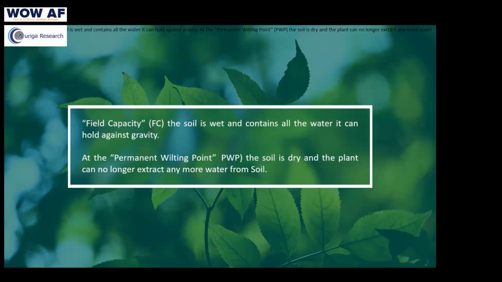That is the holding capacity: the amount of water that the soil can hold. Another important parameter is the permanent wilting point. That is, the soil is dry to a point that the roots can no longer extract any more water from it. That means the plant has to wilt and cannot get back to its next phenological growth stage.